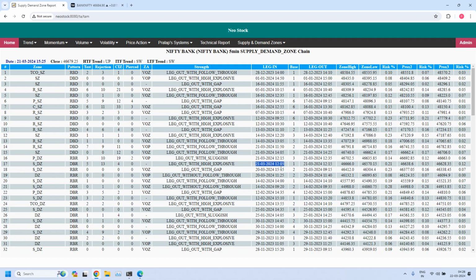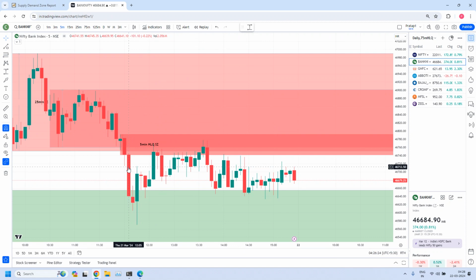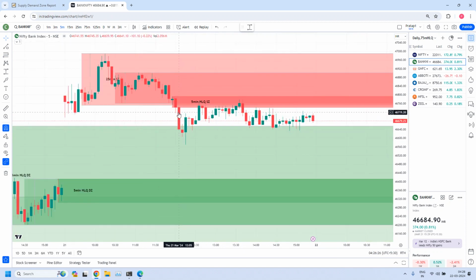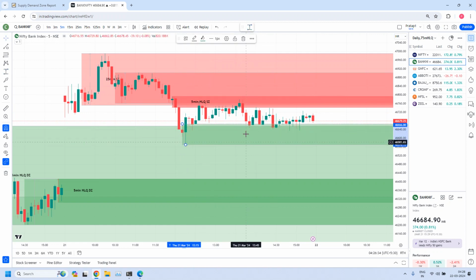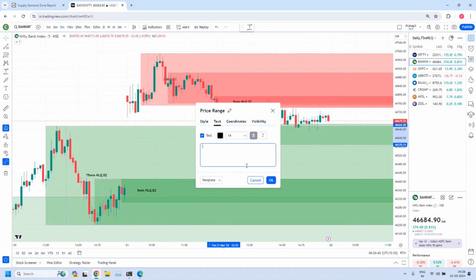Today's 12 o'clock 5 minutes candle is the leg in. Is this the one? Yes. 12 o'clock 5 minutes, one base candle and leg out, and it held the prices today, the entire day. It didn't let the prices go even deep inside. And this zone is exactly at the proximal line of the 75-minute zone.